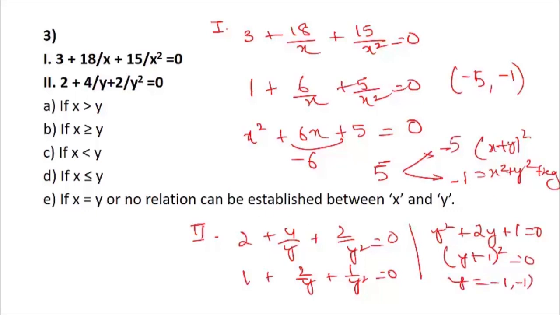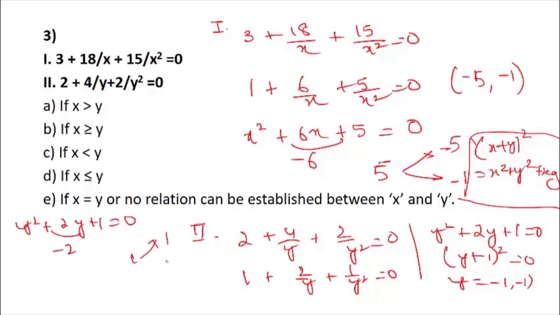Okay, if you don't remember this identity, it doesn't matter, you can apply the same method which I've taught you in the previous problems. So you can change this to minus 2, and this 1 could be written with factors 1 and 1, that is minus 1 and minus 1. The values would be minus 1 and minus 1, the same, you are getting the same values. So here the answer we had minus 1, so one equal value between them. Now this minus 5 is less than y, so you can say x is less than or equal to y, so the answer would be 3D.